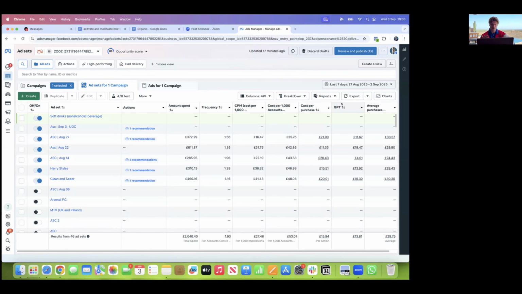And maybe it gets a few last click purchase conversions, and then you think, this is winning my test. It has my best efficiencies, my best ROAS, or my lowest CPA. But in reality, it was just able to snipe a few conversions. And potentially none of what we're looking at right now is representative of your performance at scale. If you were to spend 10 or 100 times as much on each of these ad sets, you might find entirely different results that would actually be statistically significant, right?